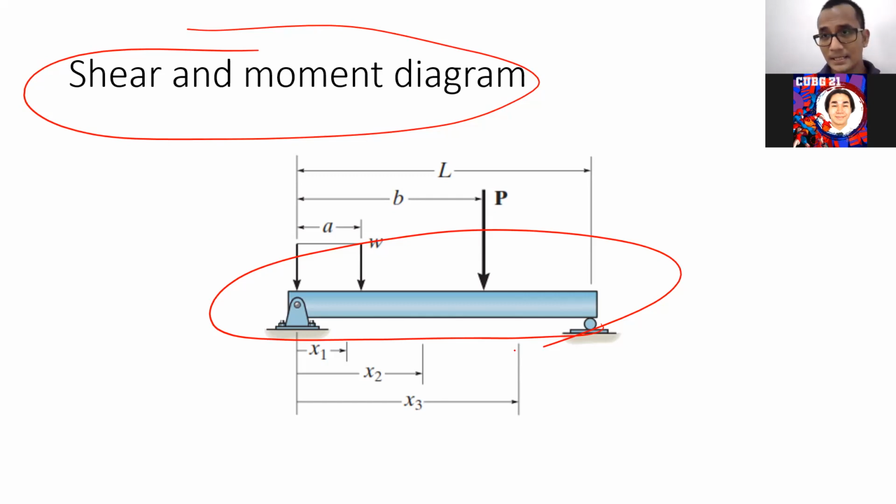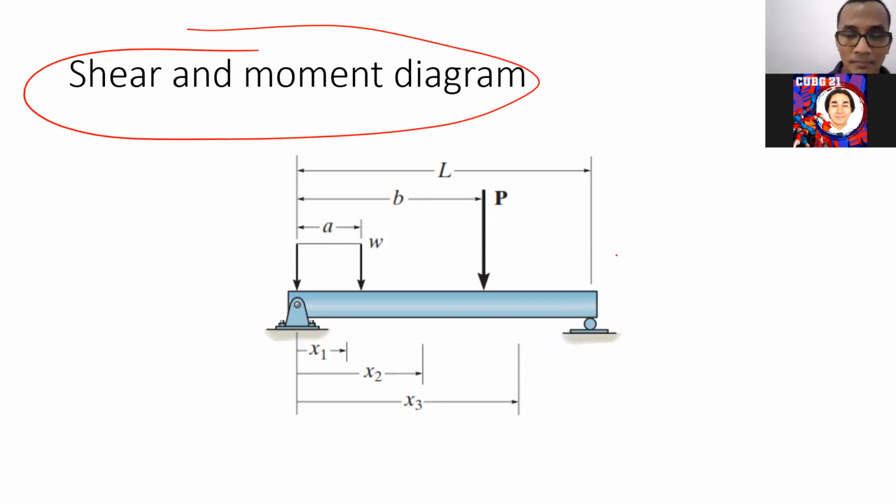The way to do it is slightly different, because if we just keep using the previous method, it means that if we want to find the shear force and the internal moment for the whole beam, we have to do a cutting here, here, here. There are a lot of cuts, because the points that represent the whole beam are many.